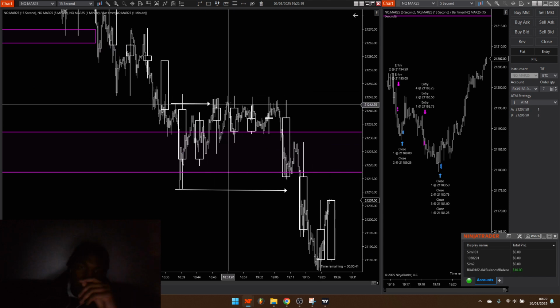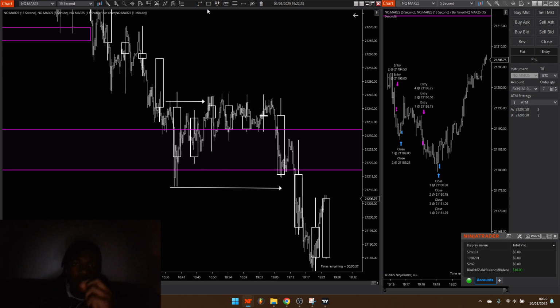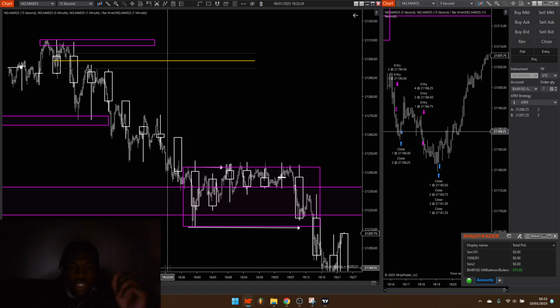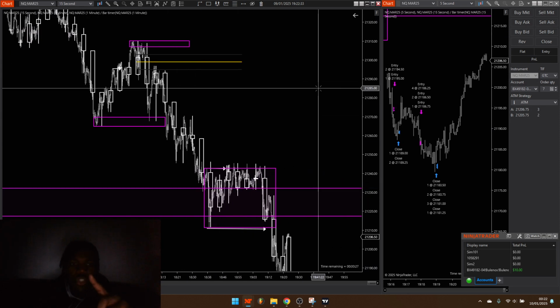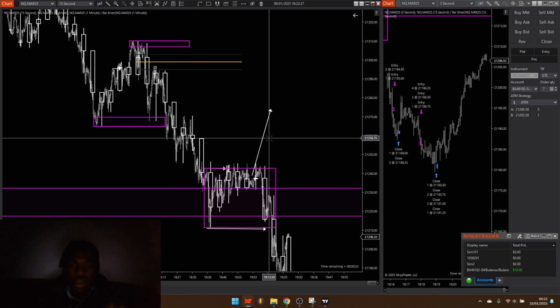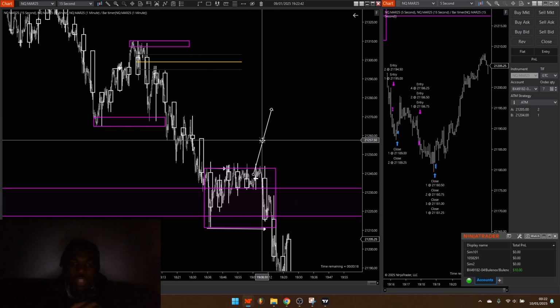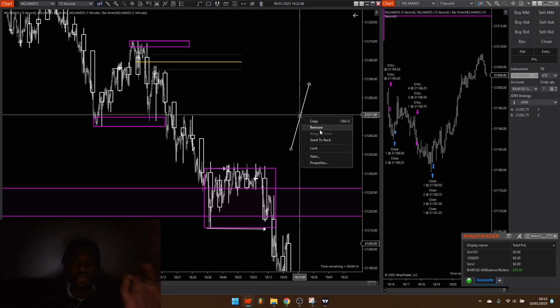You need to consider the 15-second range as well. You have to consider where you are within the 15-second range too, not just the 5 minute range. Because the way he was justifying things was, yeah, we're at the bottom of the 5 minute range, so we're looking for a move up. That's why he was confident. You even saw we were rejecting from the zone multiple times, but you ignored it because, yes, it is also true that we are at the bottom of the 5 minute range.